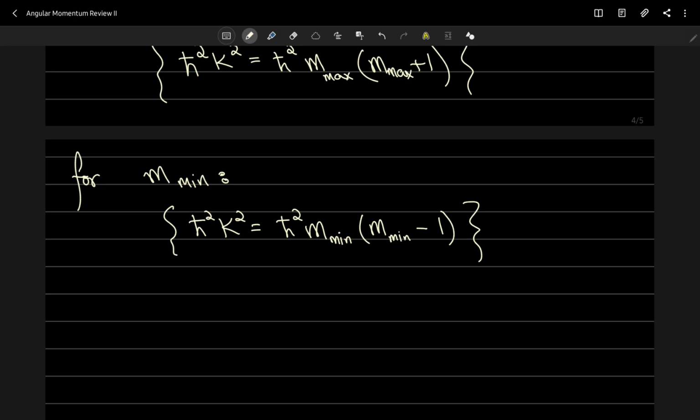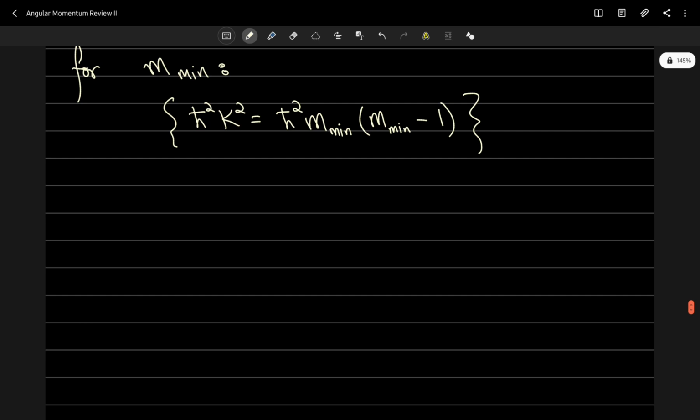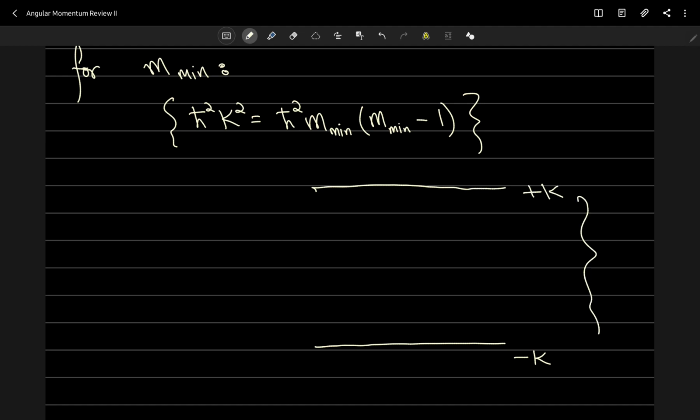Now I could draw this out for you. You would have some minimum value, or the negative k over here, and you would have some positive k over here, right? This is the difference. For the minimum, minus k, you would have m minimum, and for plus k, you would have m maximum, right?